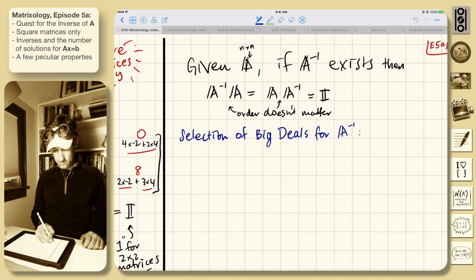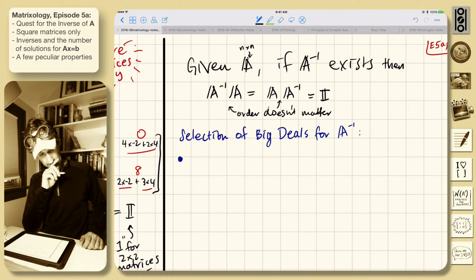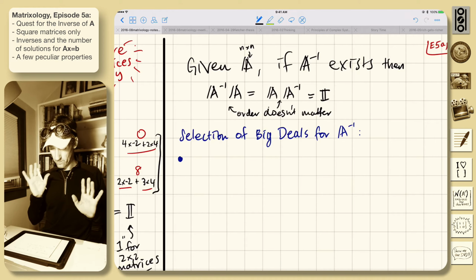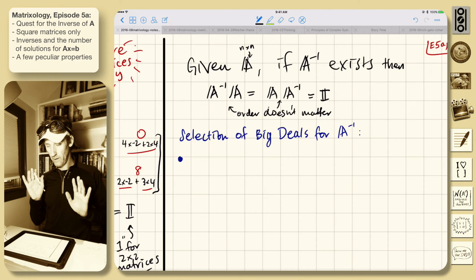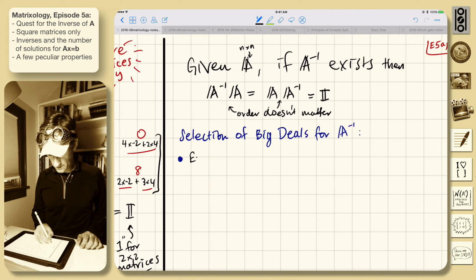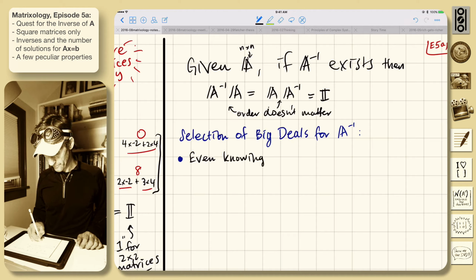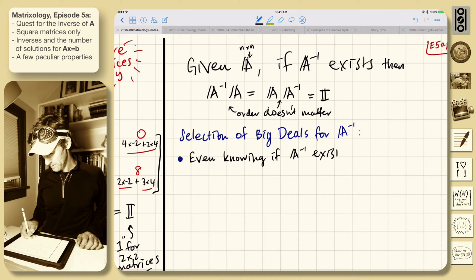All right, so, am I going to do that every time? Maybe. So 1, it's very important if we can even know, let me write that down. So even knowing if A to the minus 1 exists is valuable, right?